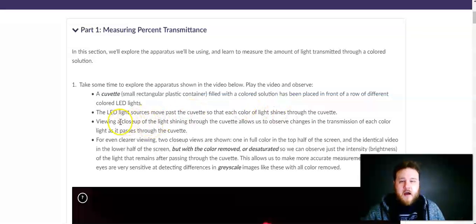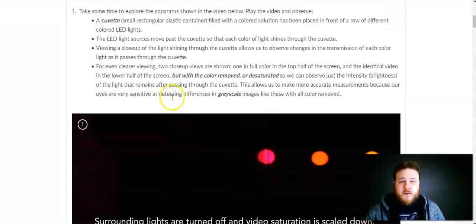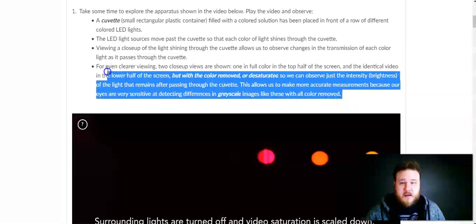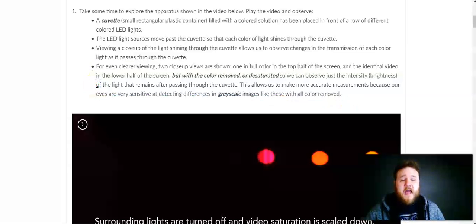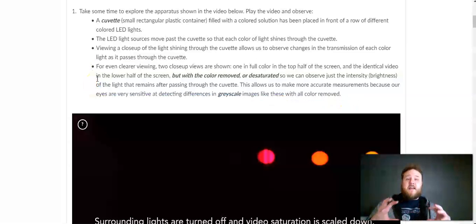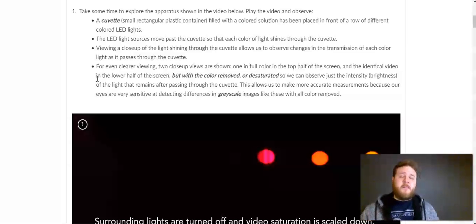What's also important to know is, look at this last bullet point. It explains that in every video, the second half of the video removes the color and all you see is a gray scale. If we didn't have the gray scale, we would have to look at the light.